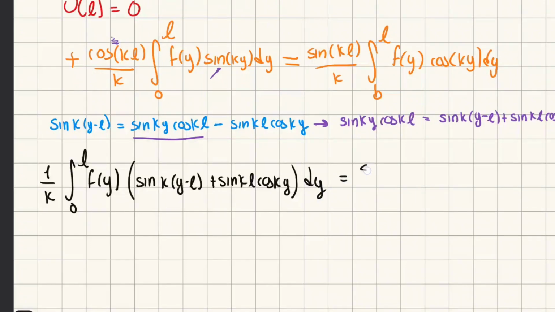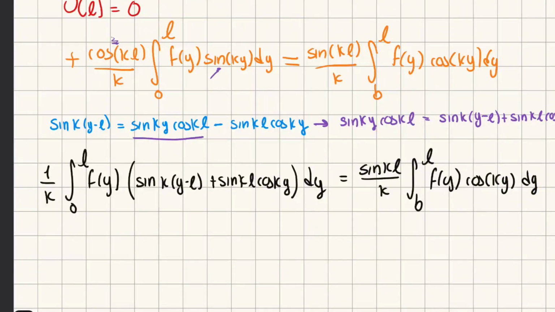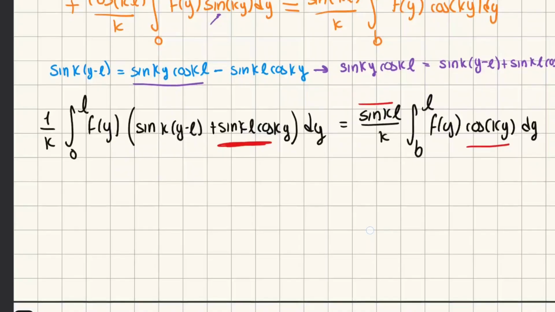And this is equal to sine of kL divided by k, the integral from b to L of f of y cosine of ky dy. Now, notice that this element is actually the same element that we have here in this expression. So we are going to be interested in combining these elements in just a single integral.